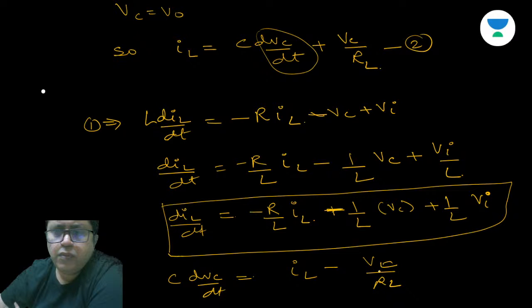Okay, so dVc by dt is equal to 1 by C IL minus 1 by C RL into Vc. This is equation 2.